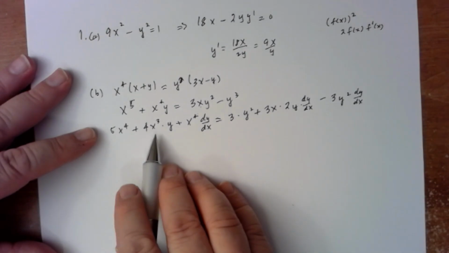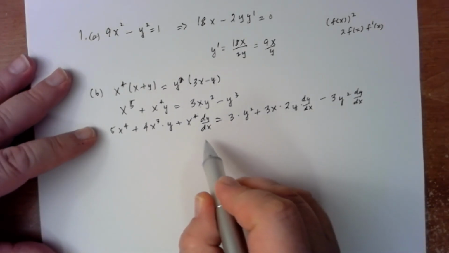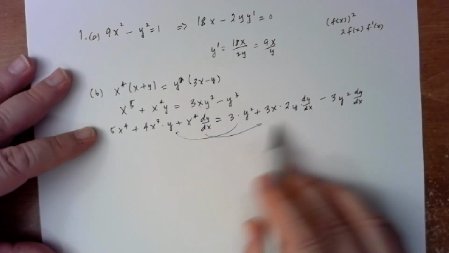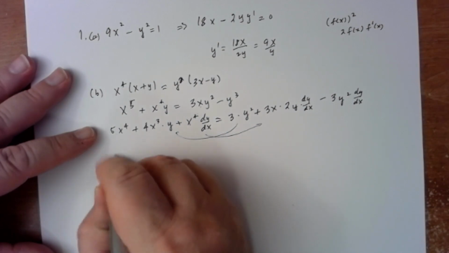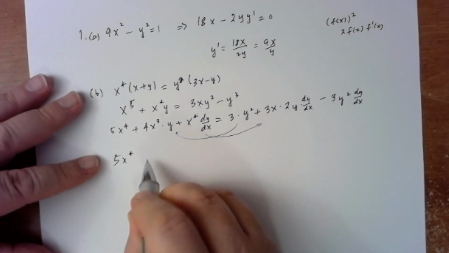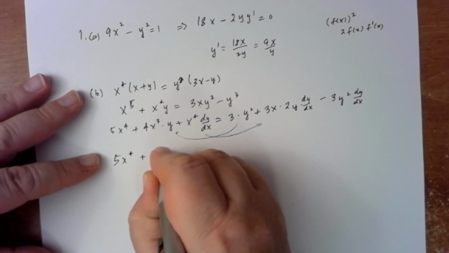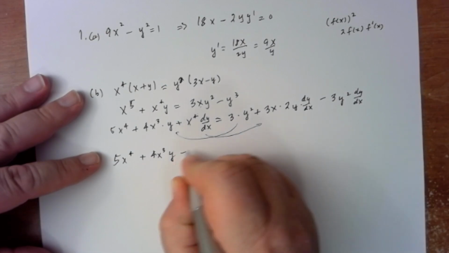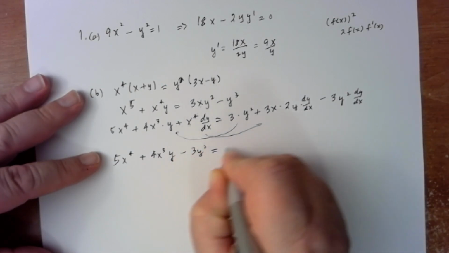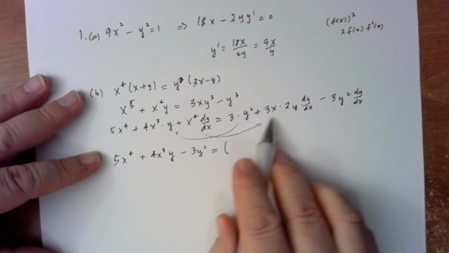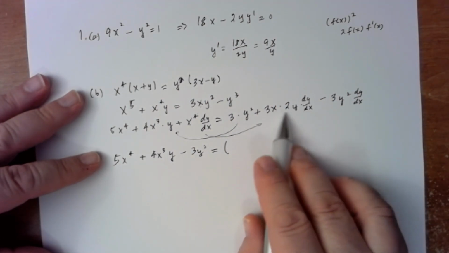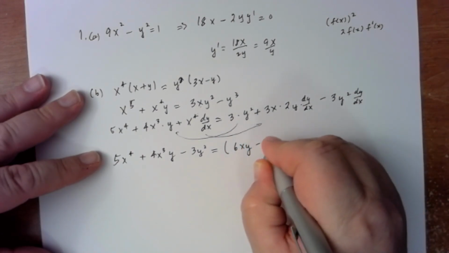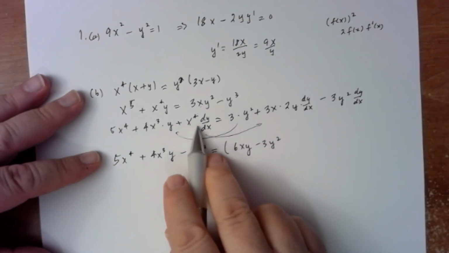Okay, so let's see if we can isolate the dy over dx. I'll bring this term over and this term back, and then I'll factor out the dy over dx. So we'll have 5x to the fourth plus 4x cubed y, and then bring this term over, so that's minus 3y squared is equal to, and now let's go ahead and take care of that, that's going to be 6xy here, and then I'll have minus 3y squared, and then I'll have minus x to the fourth.